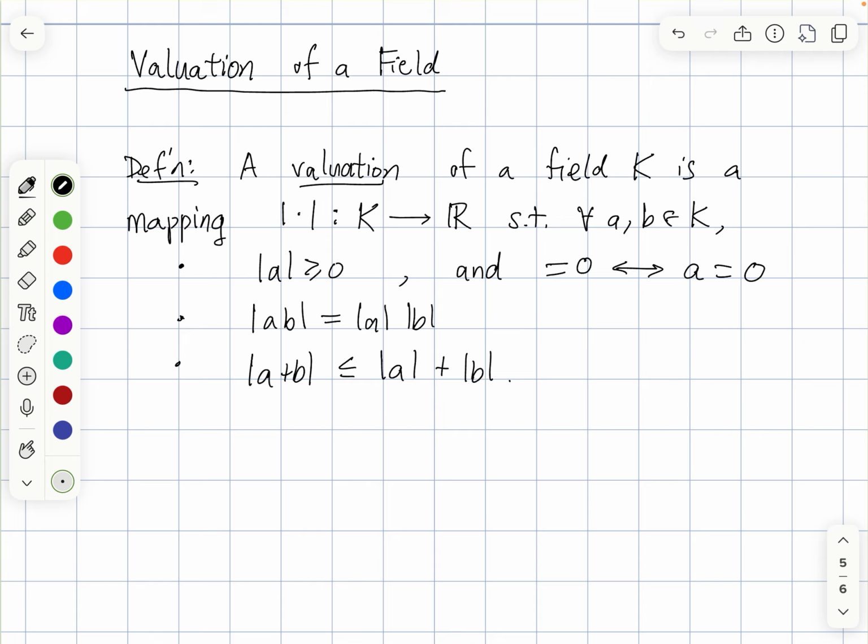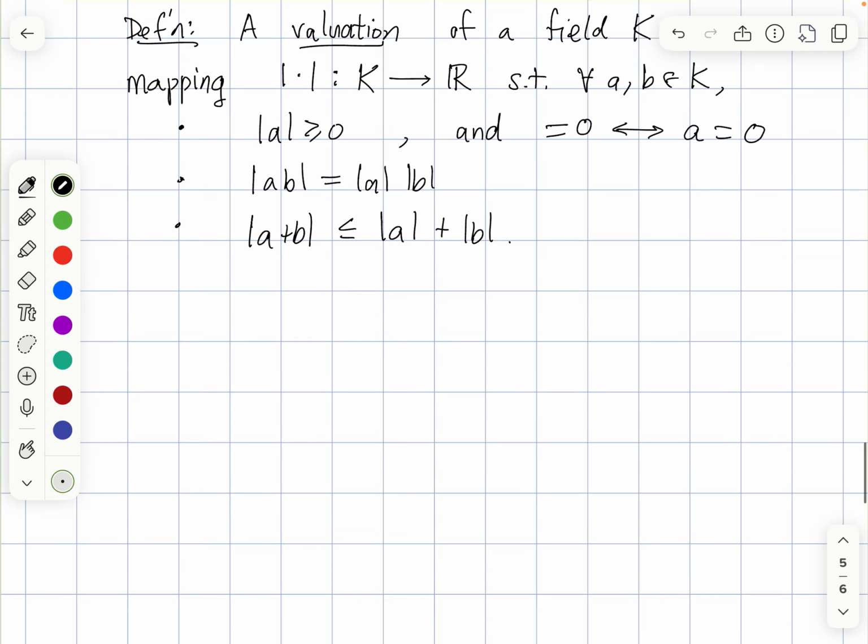So some texts will call this an absolute value of a field, but I'm calling it evaluation.